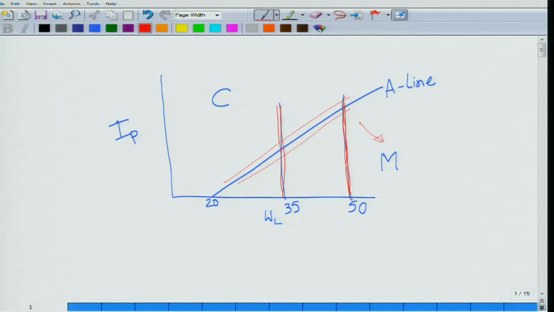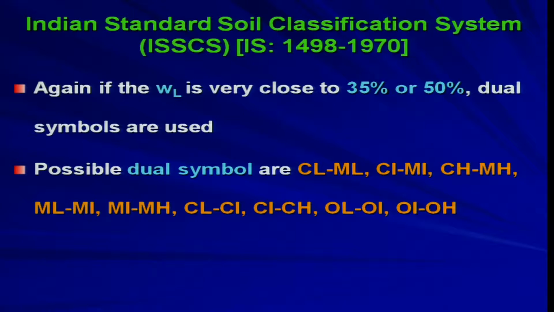So, these are the three boundaries where you will get dual symbols. Apart from that, the hashed zone we saw in the previous picture, as well as these three boundaries, wherever your point comes, you will get a dual symbol in the fine grained soil classification system. So, what are the possible dual symbols for fine grained soil?